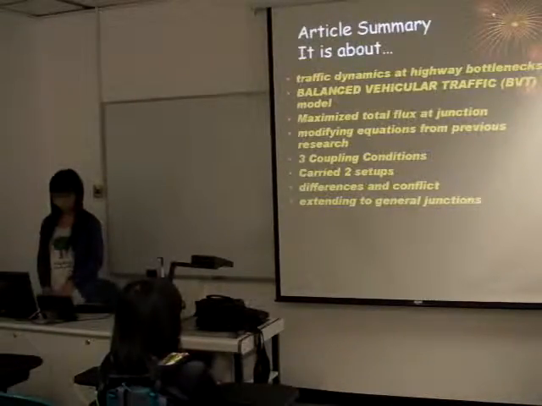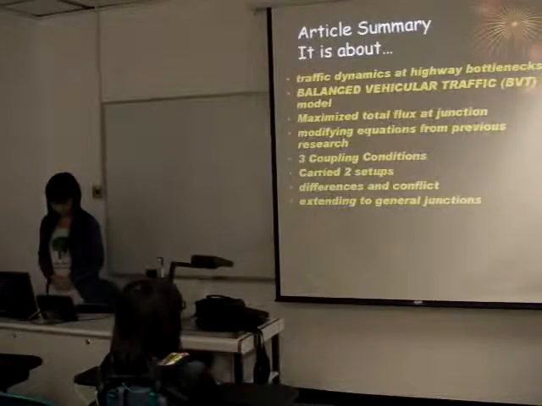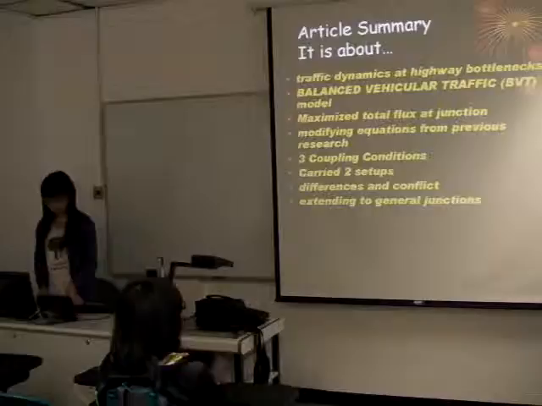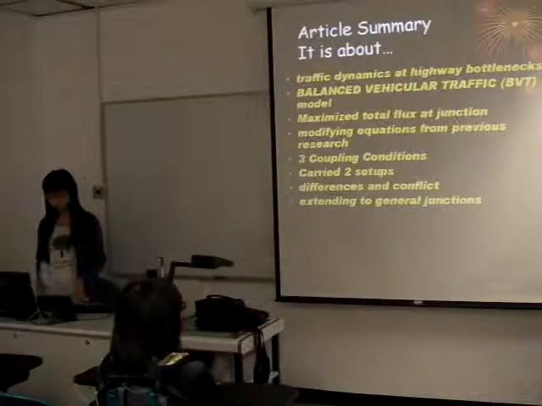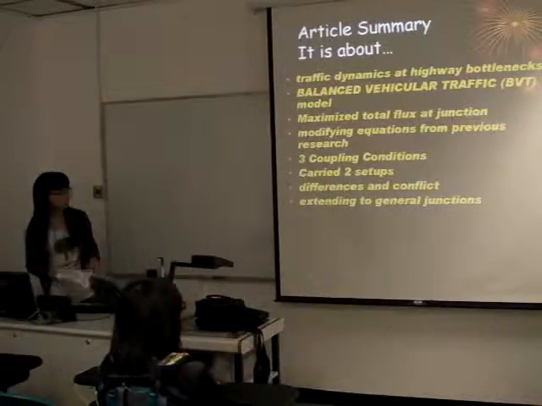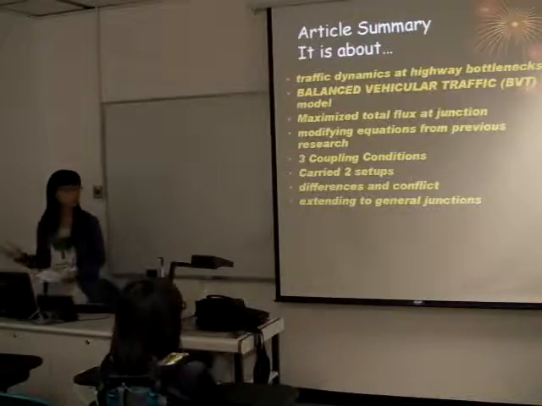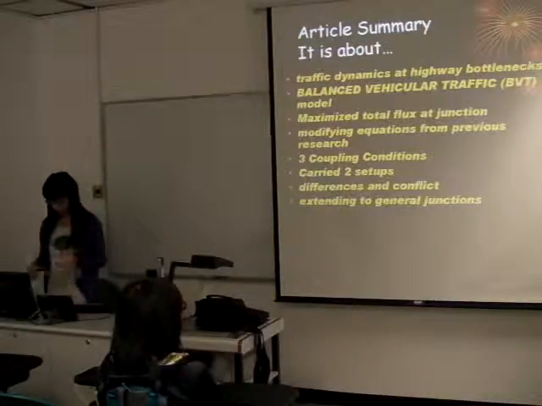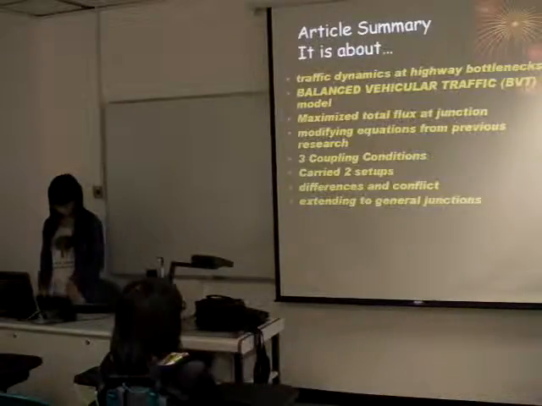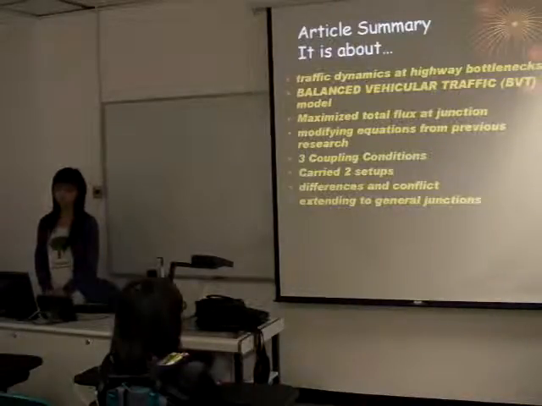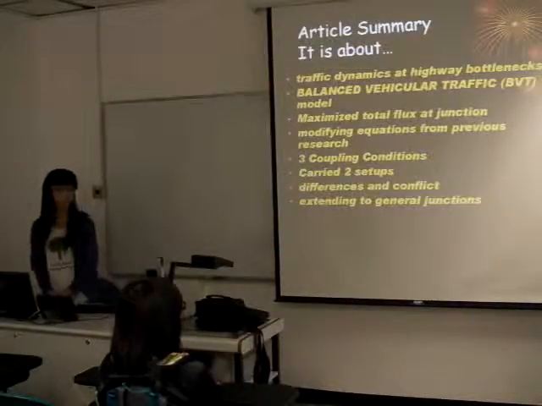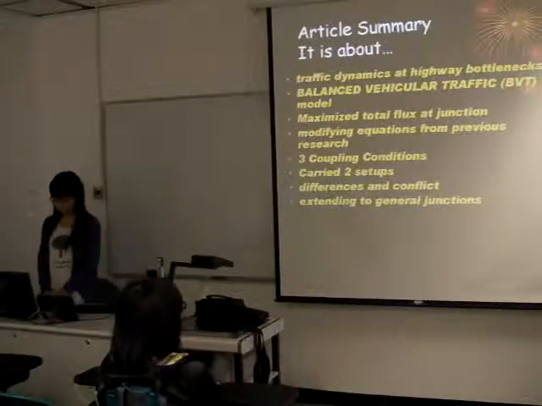Okay, and then I'm going to talk about the summary of the article. There are some main points here. Firstly, it was about the traffic dynamics, and it also gives some limitations of this topic, and also the approach in this paper is using the maximization of the total flux at junctions.